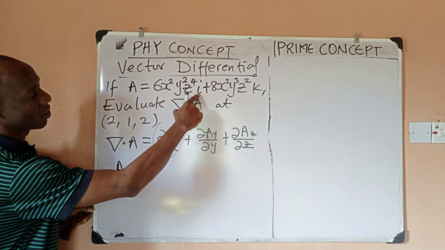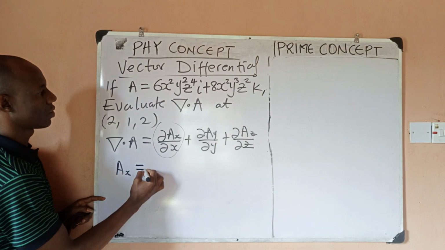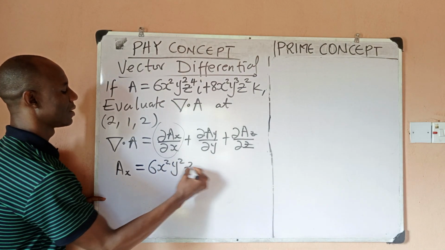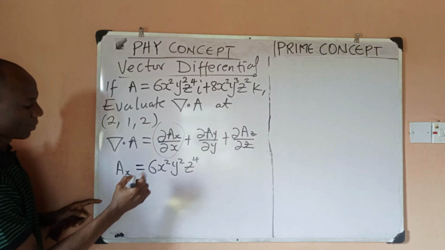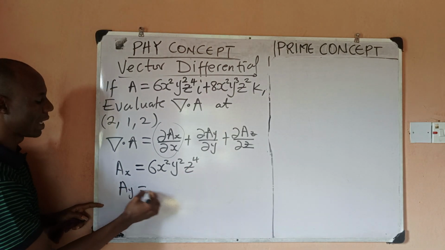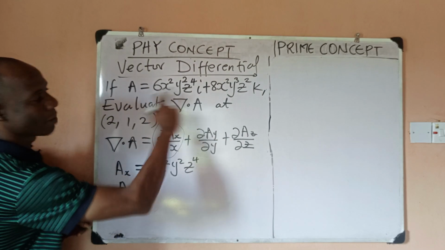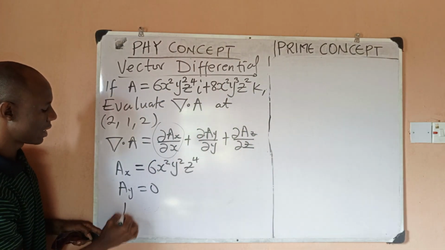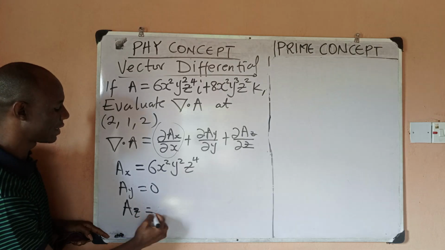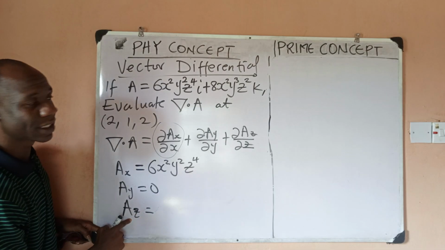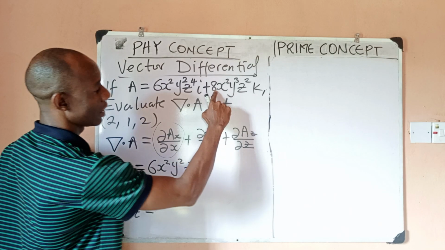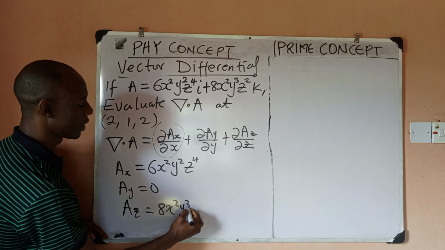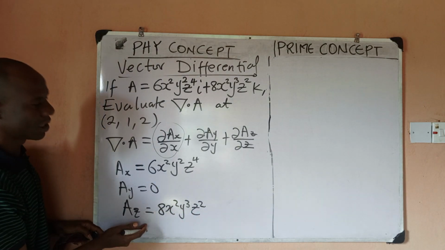So the coefficient of i in this case is 6x squared y squared z to power 4. This is Ax. Now Ay is actually 0 because there's no part carrying j in this case. Then Az is the part connected to k. The coefficient of k is 8x squared y cubed z squared. So these are what we have.